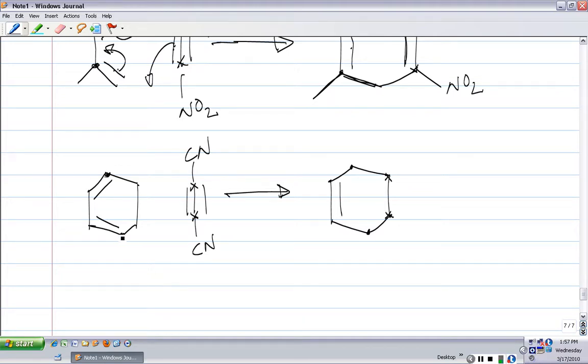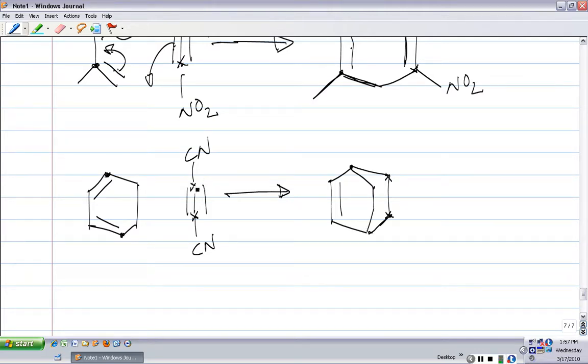Well, attached to these two dark carbons was a two-carbon bridge, a bimethylene bridge. They did not participate in the chemistry, so they're still there. Okay, let me erase this to clear this up a little bit. All right, so they are still there.